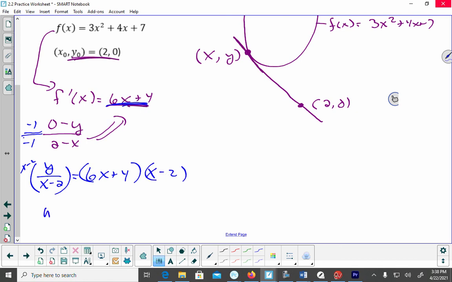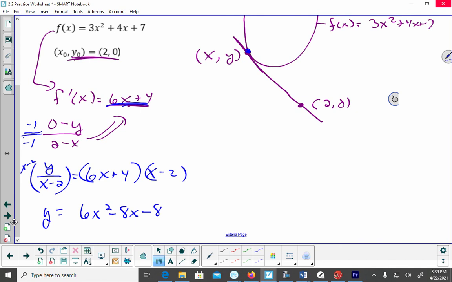And when I do that, I'm going to have y is equal to, foiling out, I'm going to get 6x squared minus 8x minus 8. So that's the equation of the line, well actually it's a parabola, the equation of a parabola that meets the criteria of having this point in common with the slope of this graph.